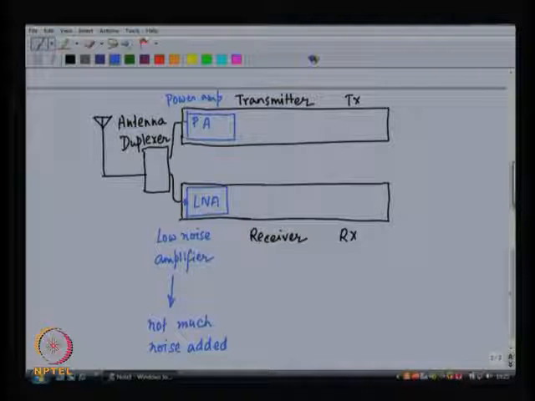So, that is a power amplifier. That is the last block on the transmit chain. Okay. So, the power amplifier is easy to understand. Low noise amplifier, there is a little bit of technicality. In this course, we are going to cover the low noise amplifier, the power amplifier.